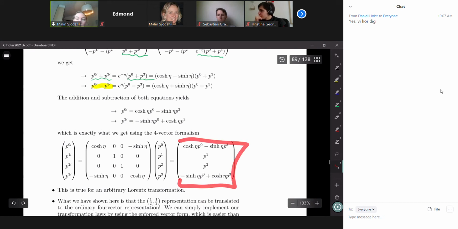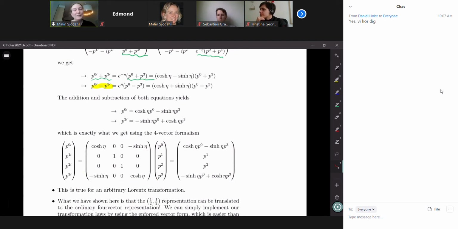I get these transformed vectors, I get this transformation matrix, and I hope it looks familiar to you, because this is nothing but the ordinary Lorentz transformation that you should have seen in special relativity, and general relativity as well, and possibly even in more basic physics courses, but then probably without the eta.